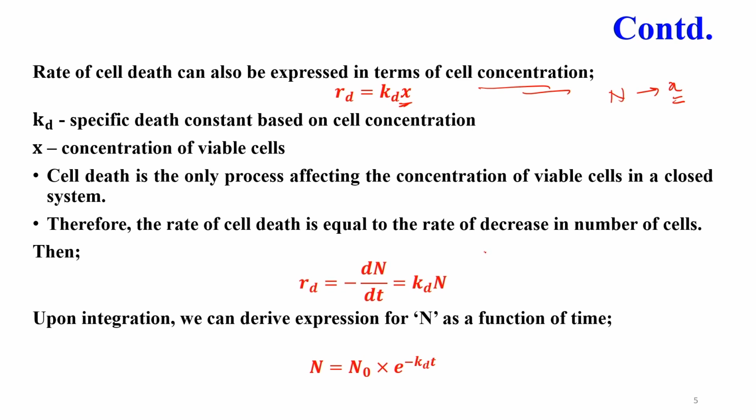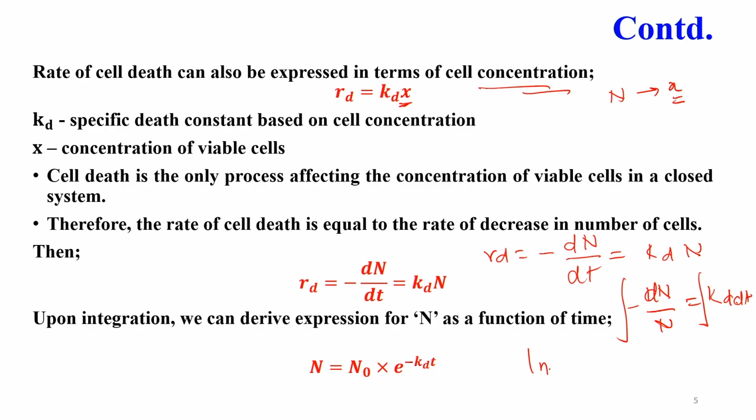Now, Rd is minus dN upon dt, because the number is decreasing, so dN upon dt equals Kd into N. If you integrate it, this will be minus dN upon N equals Kd into dt. Integrating, it will be ln N upon N naught equals minus Kd into t.